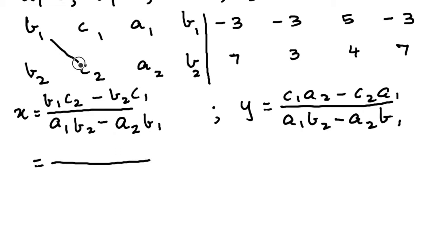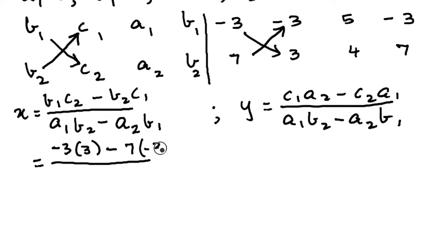Okay, now let us see how we substitute the values for x. Your b1c2 will be this. So -3 into 3 minus b2c1 means this. So it will be 7 into -3. Denominator will be a1b2, so it will be 5 into 7 minus a2b1, that is this one.